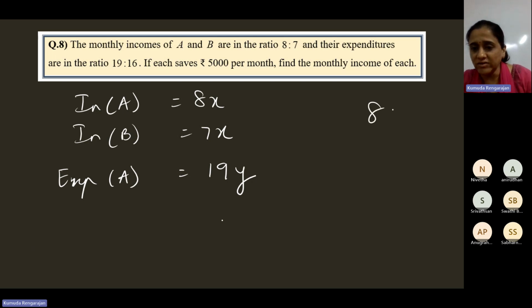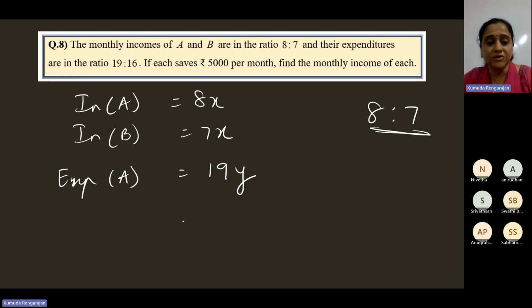Now 8:7 is one ratio. So you should not say 8x and 7y. One ratio, you should use only one variable. You cannot say 8x is one part and 7y is the other part. No. 8x, 7x or 8a, 7a or 8b, 7b should use the same variable.